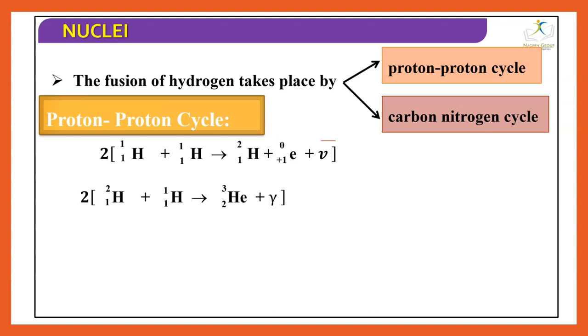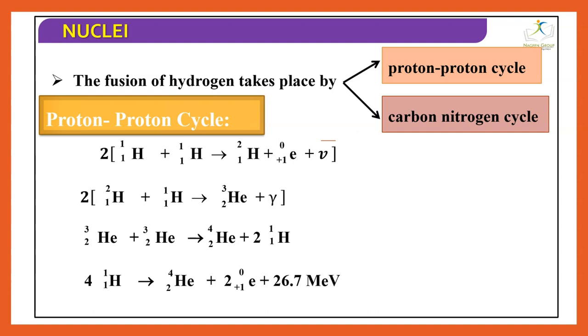Then 1H2 plus 1H1 creates 2He3 plus gamma radiation, and 2He3 plus 2He3 creates 2He4 plus two 1H1. Overall, four 1H1 particles create 2He4 plus energy, which is 26.7 mega electron volt.